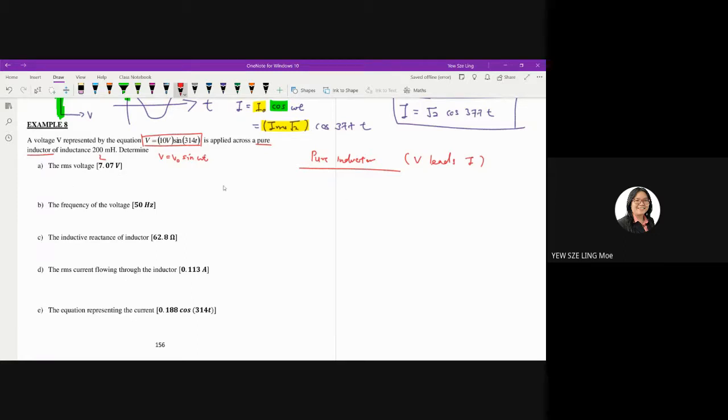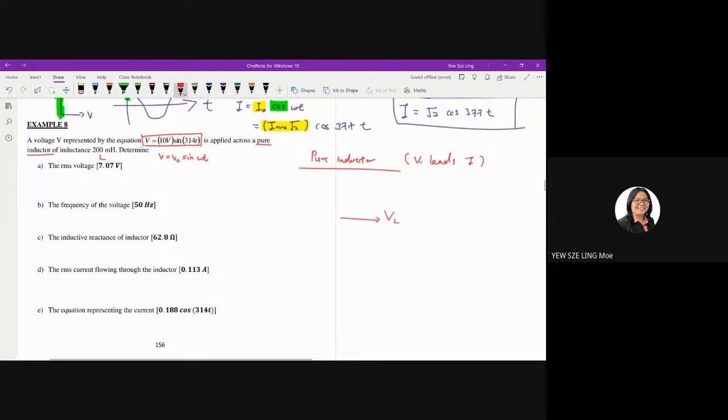Now before that, let us sketch the phasor diagram. Whenever you are given equations like this in a pure circuit, I always encourage you to sketch a phasor diagram first. You are given V in terms of sine, so it means your V is lying on the x component, the 0 degree. This is your VL.